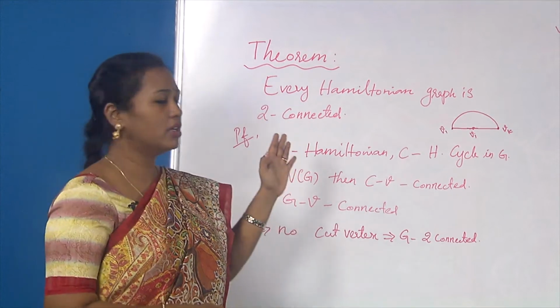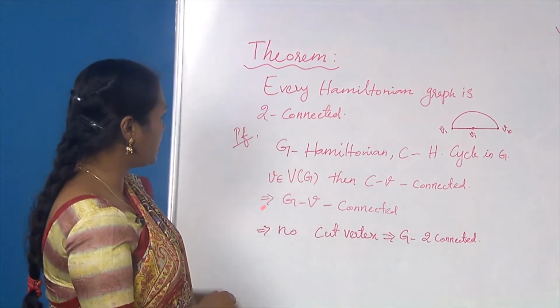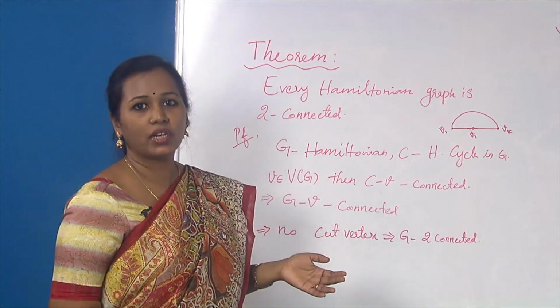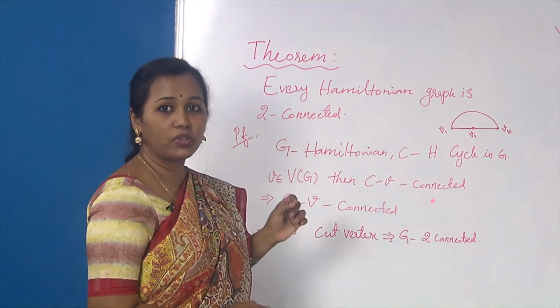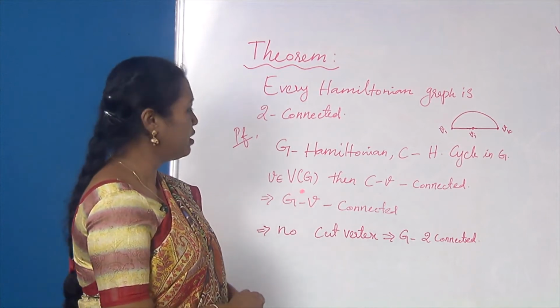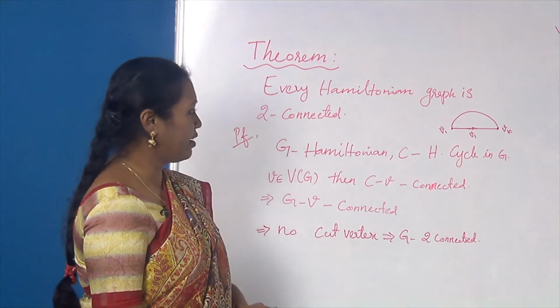Now we are going to show that a Hamiltonian graph is two connected. The proof for this is that let G be a Hamiltonian graph. If it is a Hamiltonian graph, then there is going to be a Hamiltonian cycle. Let us call the Hamiltonian cycle C, and let V be any arbitrary vertex in G. Since C is a cycle, C minus V is connected. How is that?